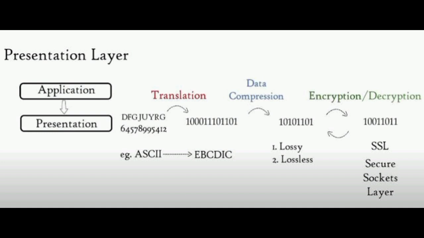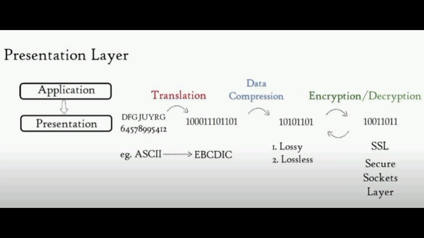So it does two things: it encrypts it when it's going, and when it's coming back it also decrypts, because when it gets to the end, it gets to the physical layer. As it gets to the physical layer, it's going to come back up from physical to data link, to network, to transport, to session.